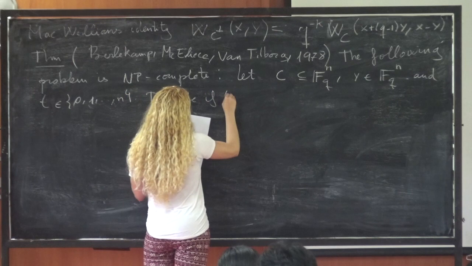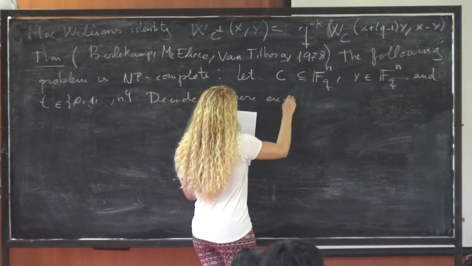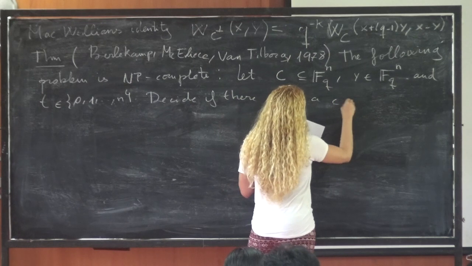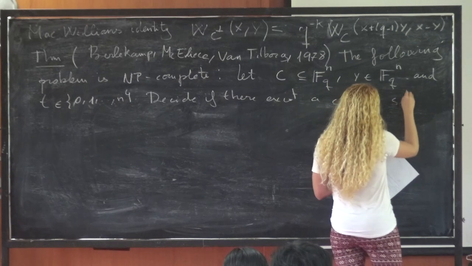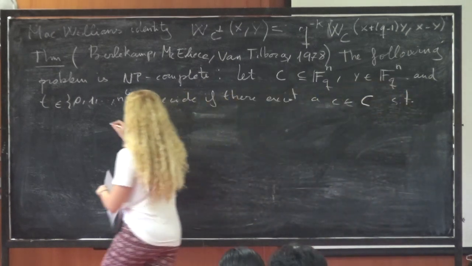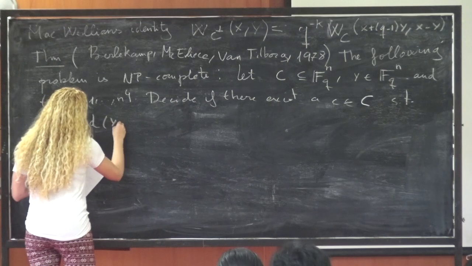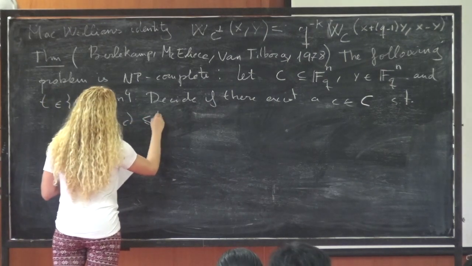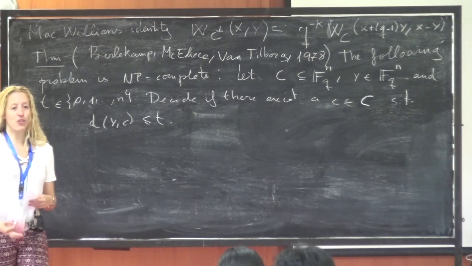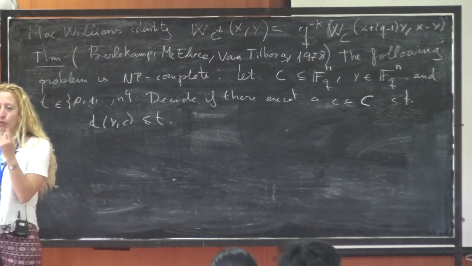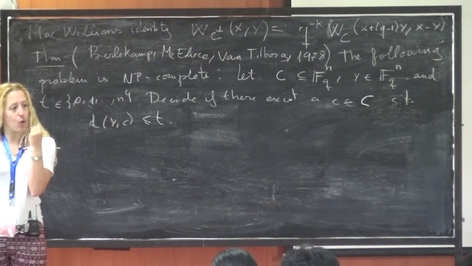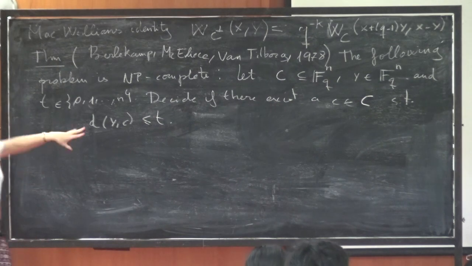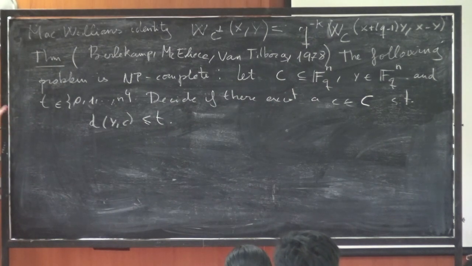Decide if there exists an element c in the code such that the distance of y to c is smaller or equal than t. So this is not even giving the word that is closest, it's even deciding if there exists a word that is close enough. This problem, in general, is difficult. This is the meaning of this theorem.